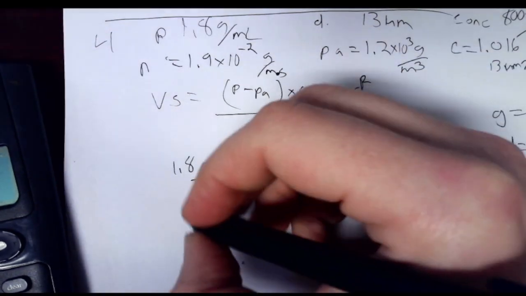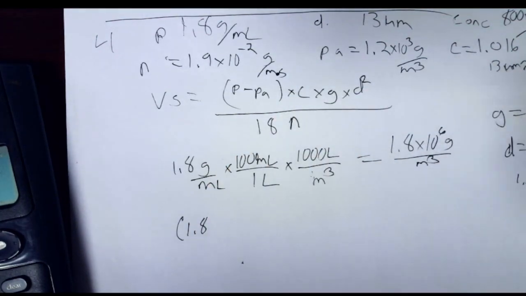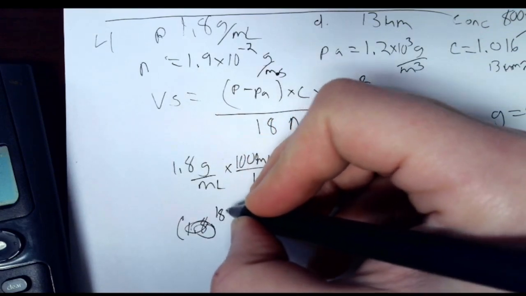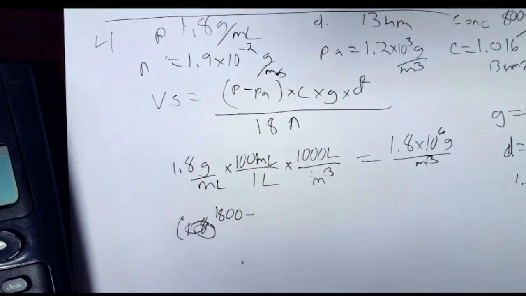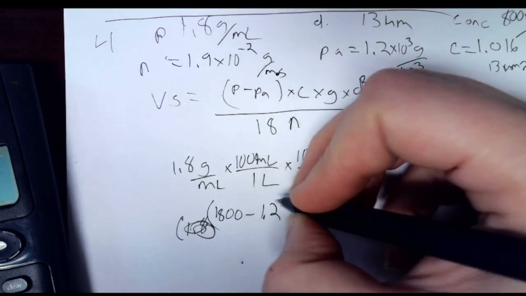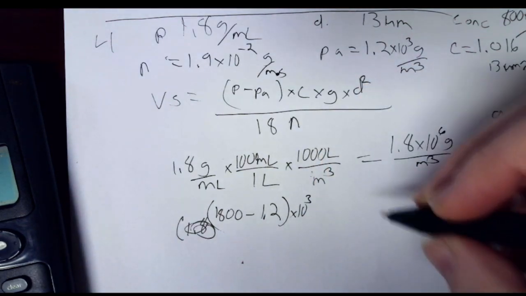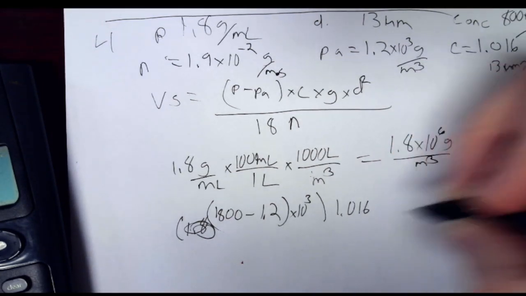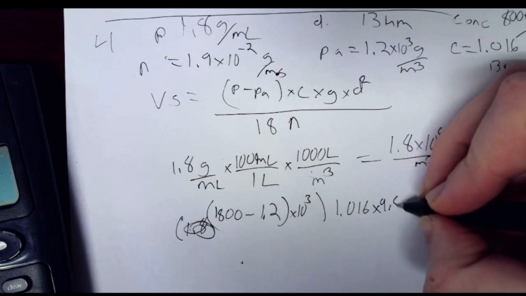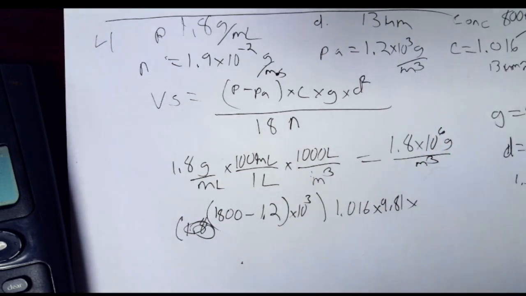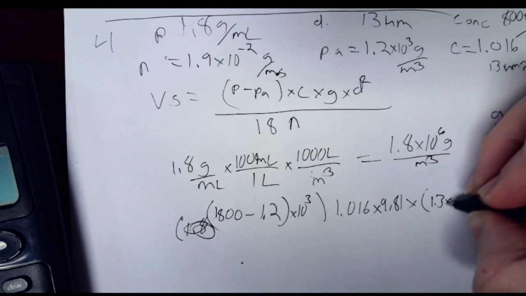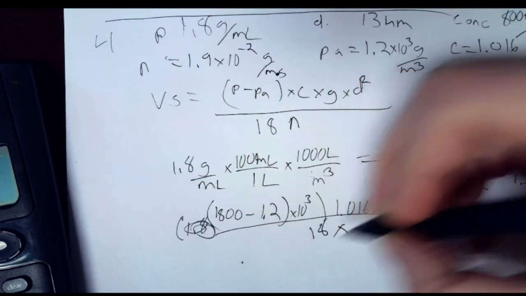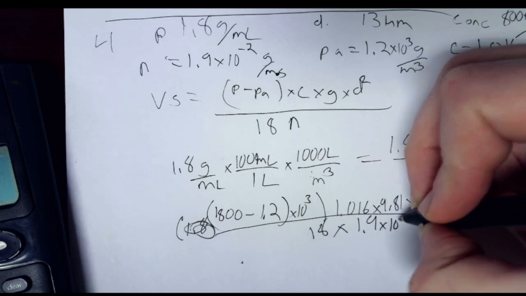So let's do this now. So 1.8, we'll turn this into 1800 minus 1.2 times 10 to the 3rd grams per meter cubed, times my C, 1.016, times gravity, 9.81 meters per second squared, times 1.3 times 10 to the negative 5th squared, over 18 times 1.9 times 10 to the negative 2nd.